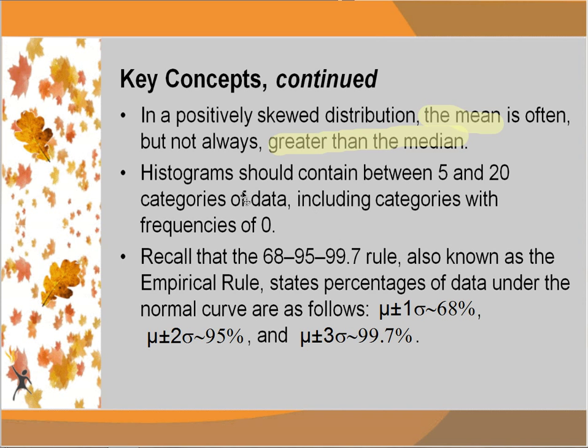Histograms, to be appropriate to decide whether it's normal or not, need to contain somewhere between 5 and 20 categories of data. If you only have 2 or 3 bars, you're not really going to be able to tell if it's normally distributed.